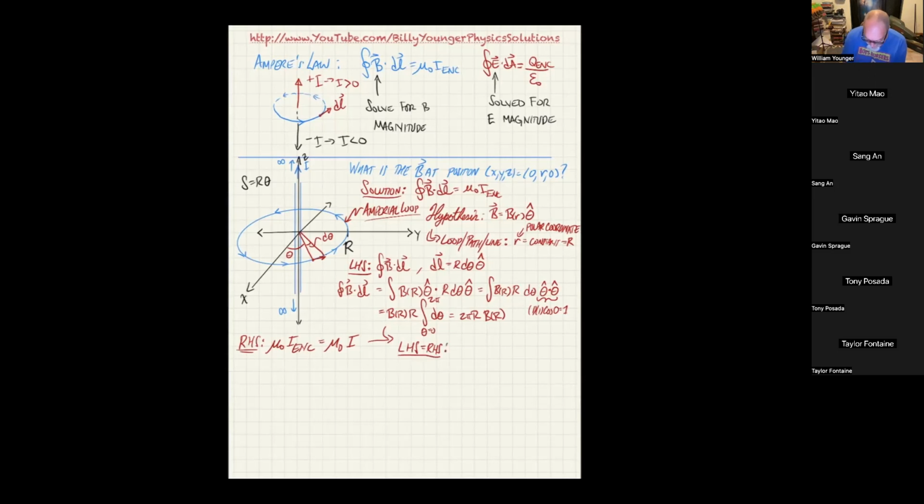All right, so now I can set the left-hand side equal to the right-hand side. That gives me 2 pi R times B of R is equal to mu 0 times I. Now I can recall what my hypothesis was, and I've reached the conclusion that B is equal to mu 0 I over 2 pi R, all of that in the theta hat direction.